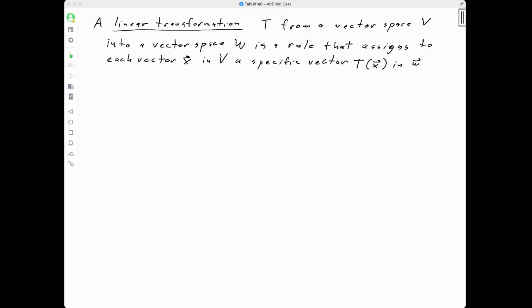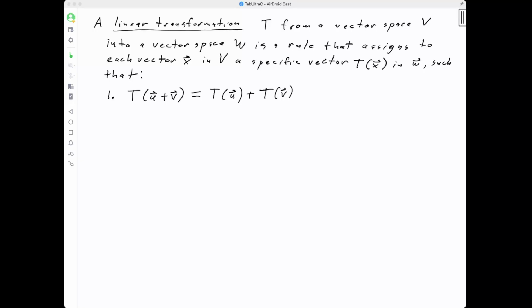To be called a linear transformation, we need two characteristics to be true. The first one: for any two vectors u and v, if you take T of the vector u plus v, that's equal to T of u plus T of v.